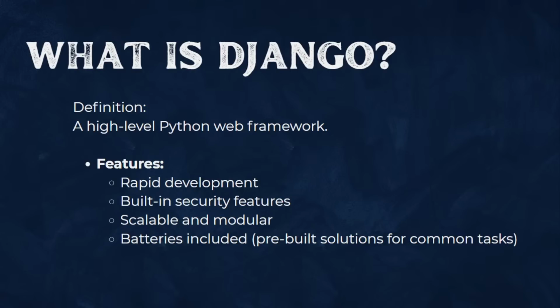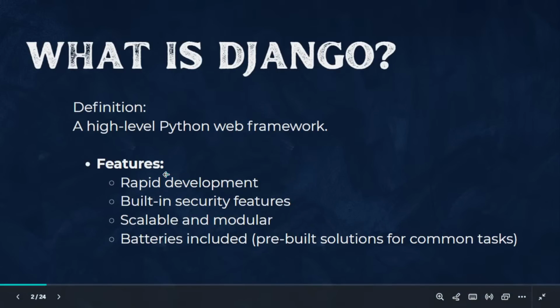Most of the code is already pre-built in Django. That's why we choose Django. What are the things? Rapid development, built-in security features, scalable and modular, and batteries included. Okay, these are the reasons we choose Django.